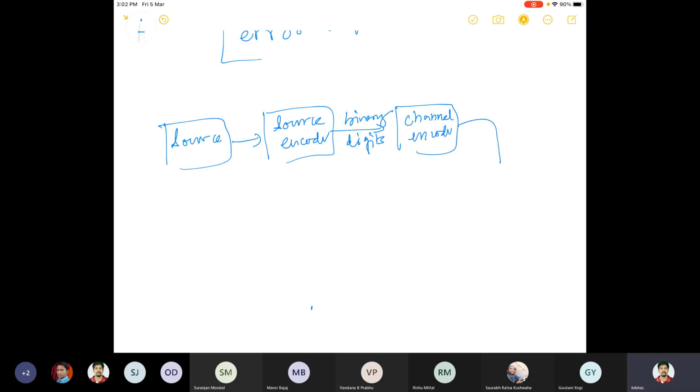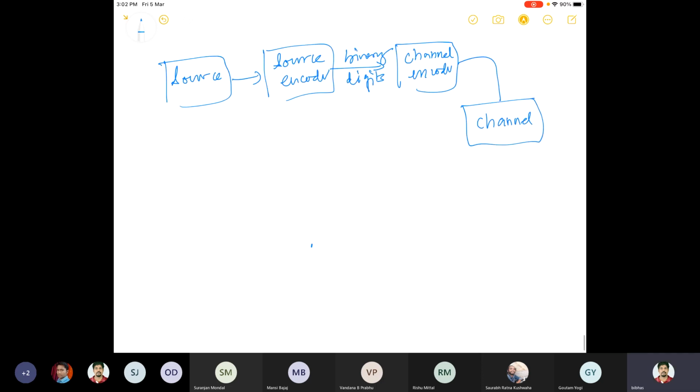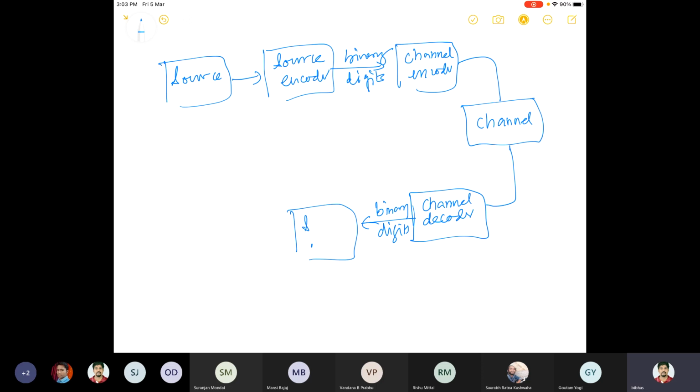Then you are using a channel which is noisy, and then you are decoding it. So there is a channel decoder, and there is a sequence of binary digits, and there is a source decoder, and there is your destination.